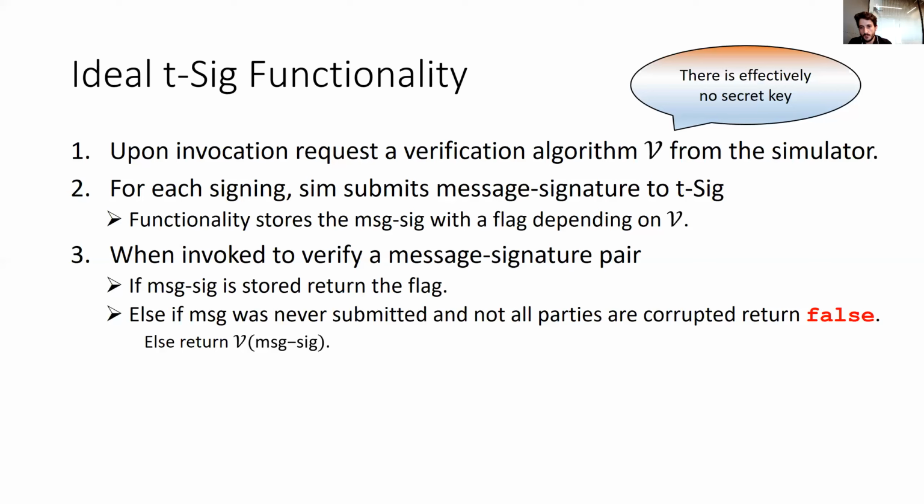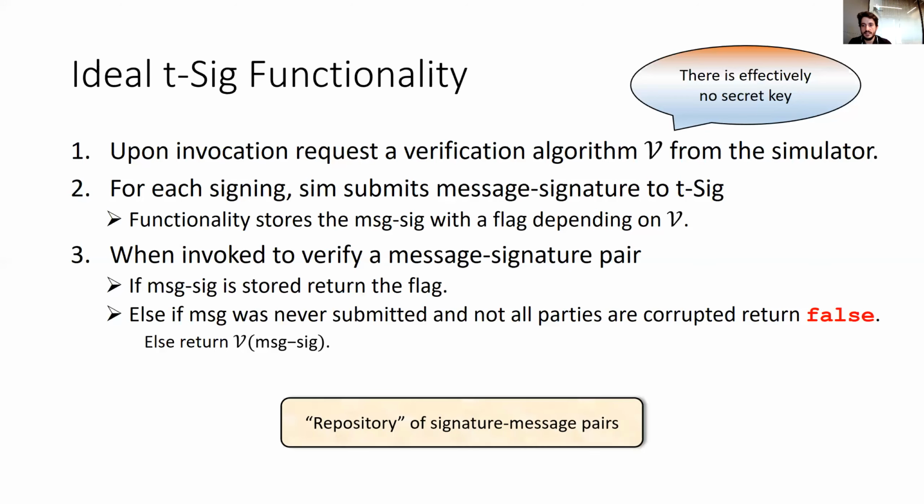So to further drive the point through, notice that step 3 doesn't even use the verification algorithm. Unless, of course, all parties are corrupted, which is a pathological case. So the way I like to think about this functionality is as a repository of signature message pairs.